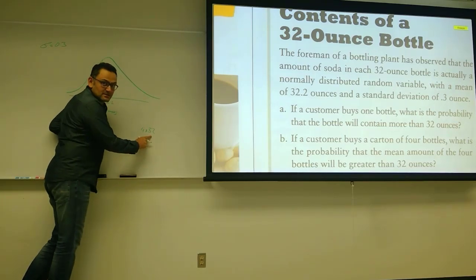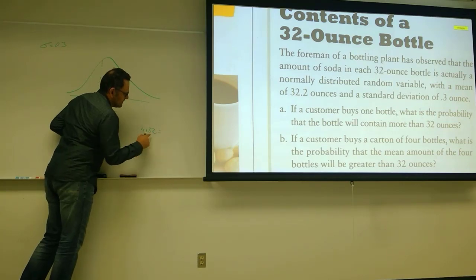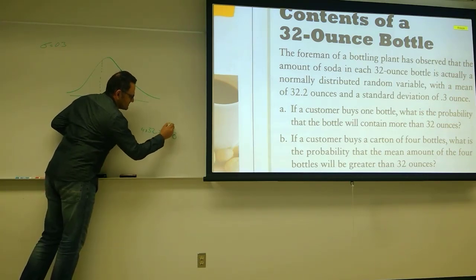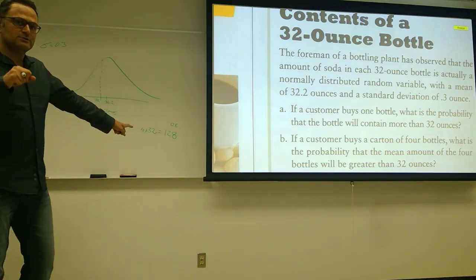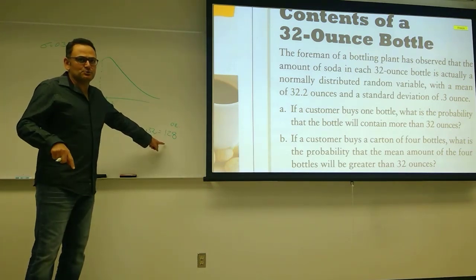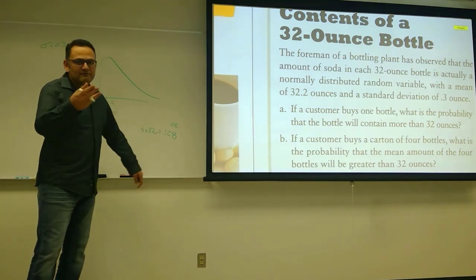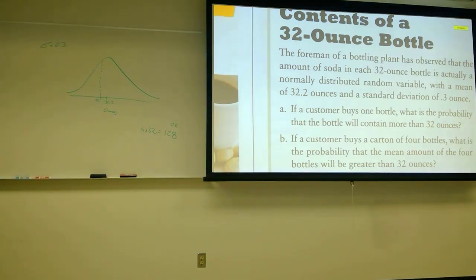If the average is 32 ounces for the 4 bottles, that would be 128 ounces. So essentially, we are looking into the question of what is the chance that in those 4 bottles combined, I have 128 ounces or more, which means that the average in each of those 4 bottles is 32 ounces. So let's take a quick look into the answer that we did.